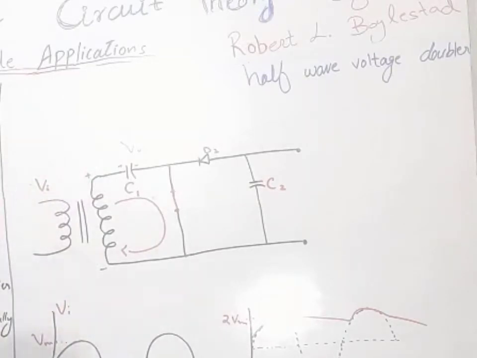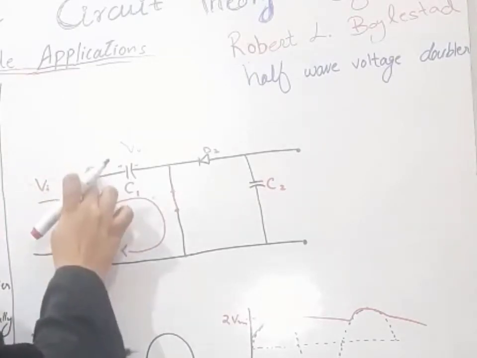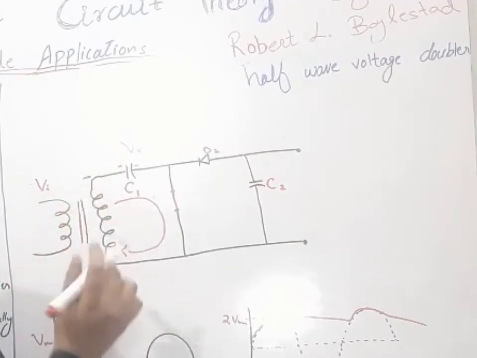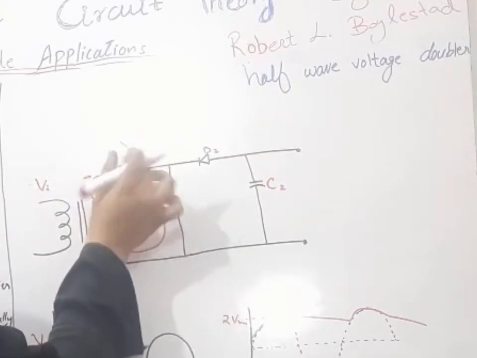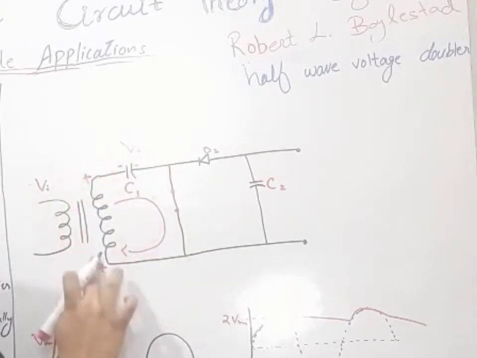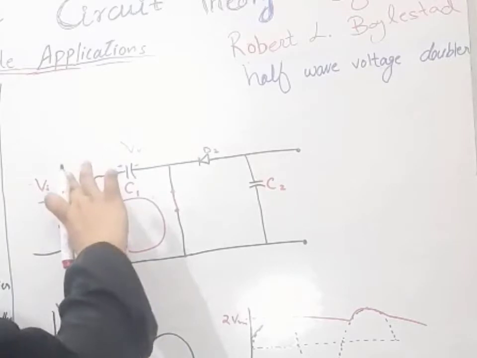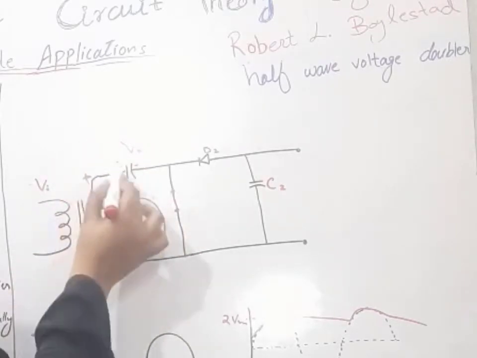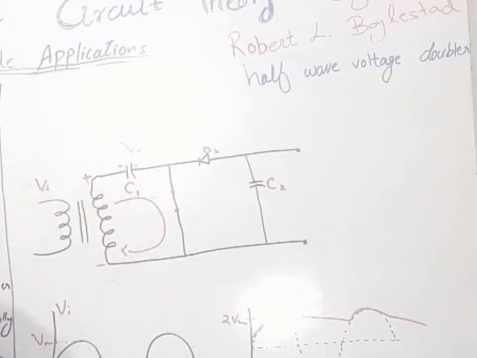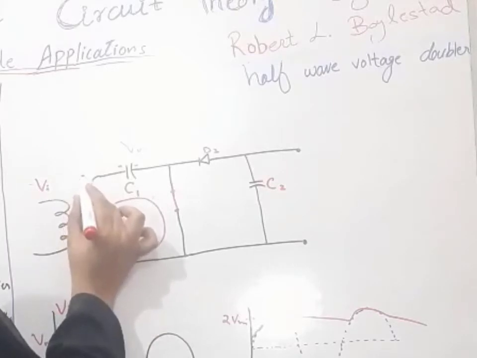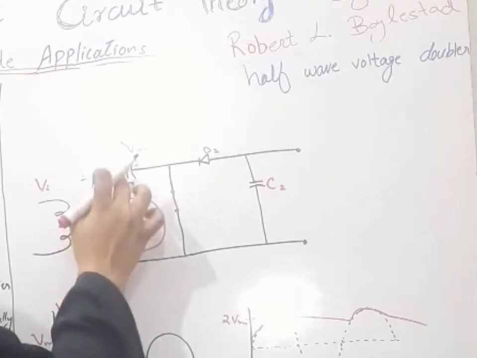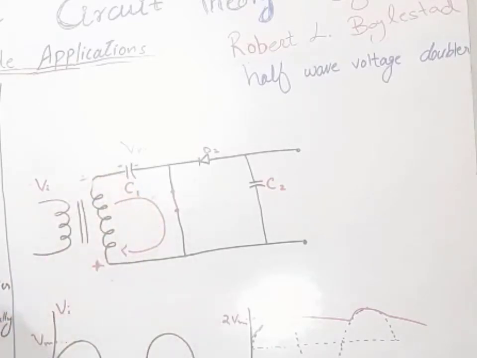When the negative half cycle comes, there will be negative here and positive there. For the positive half cycle, our capacitor has the polarity plus and minus, plus connected with plus. For the negative half cycle, the polarity at the capacitor will remain the same because it is in the charged state.